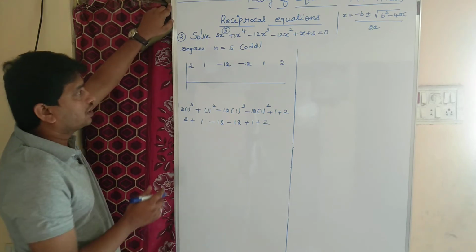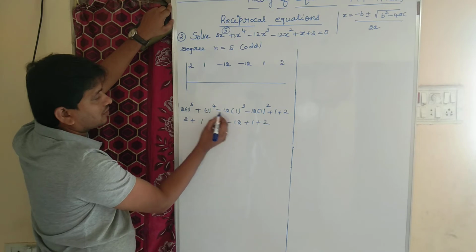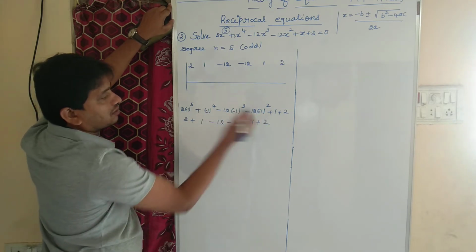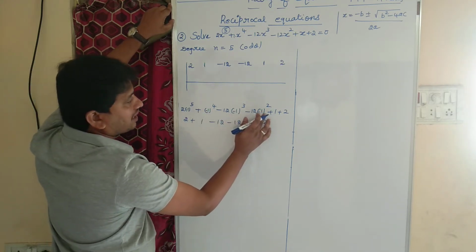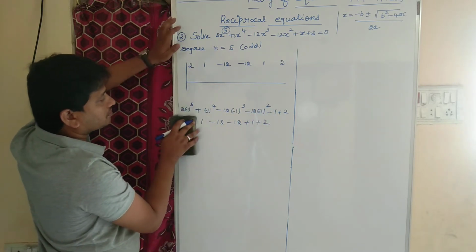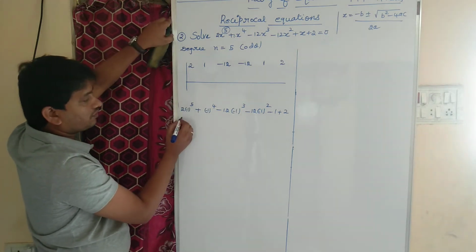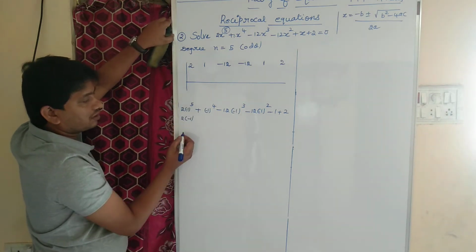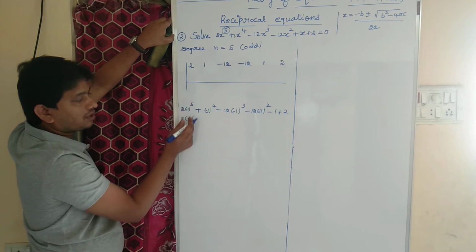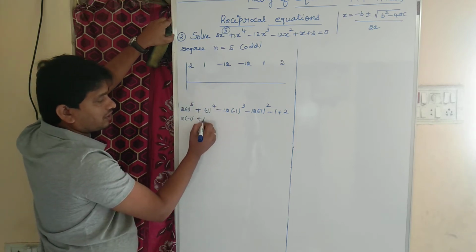Now in the place of x we substitute minus 1. 2 into minus 1 whole to the power 5, which is minus 1, because the power is an odd number, so the result is negative. Here the power is even, so the result will be positive.